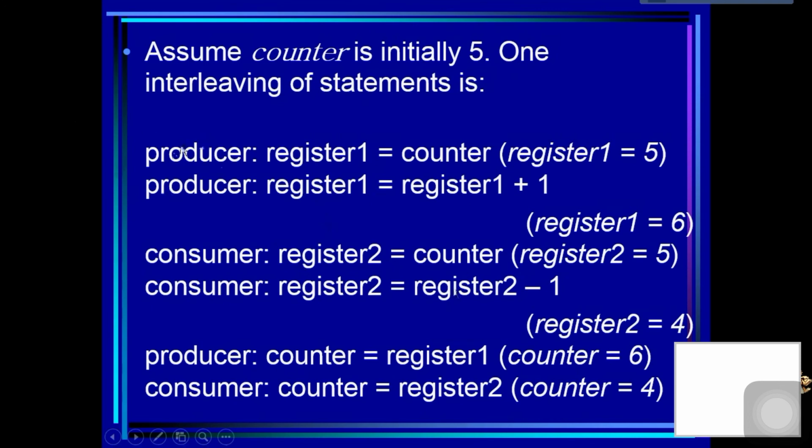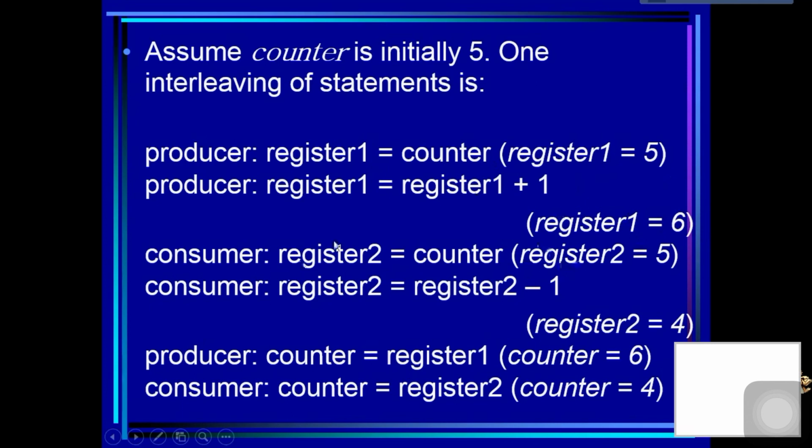In the producer process, we use the load instruction to get the content of the counter variable from main memory and put it into register 1. Then we increment register 1. So register 1 equals 6, and counter equals 5 at the present time.